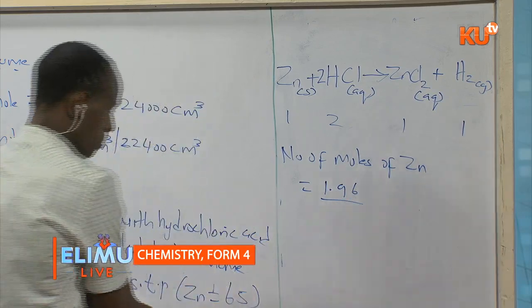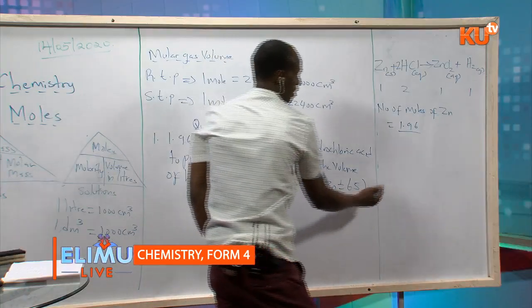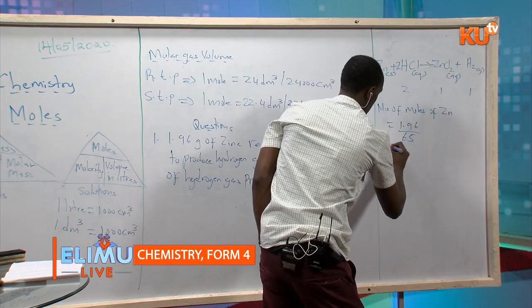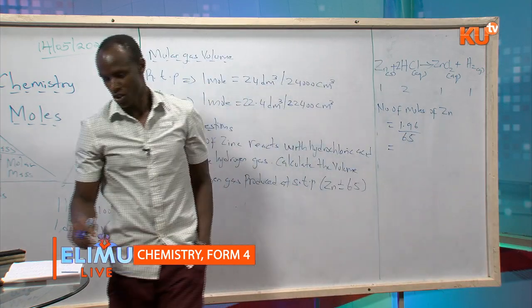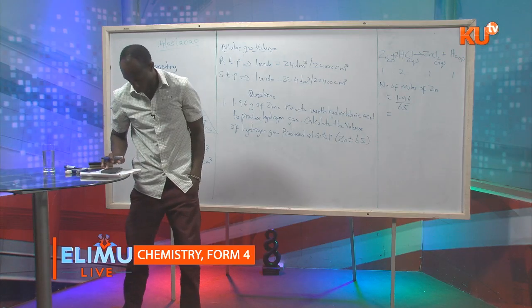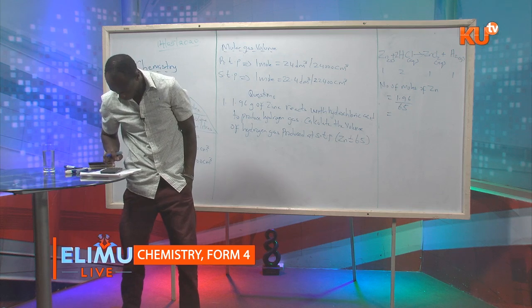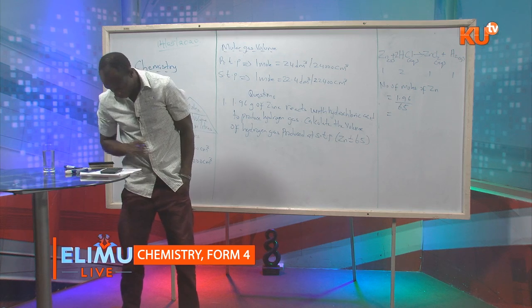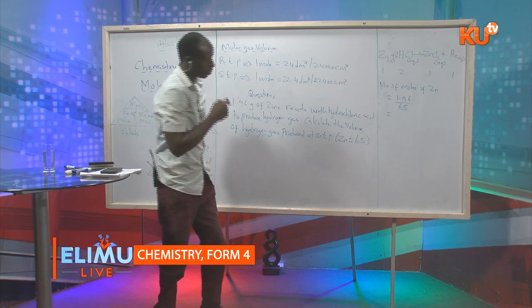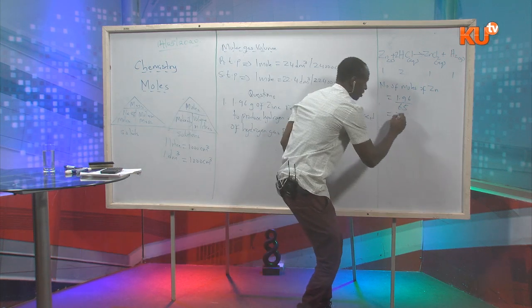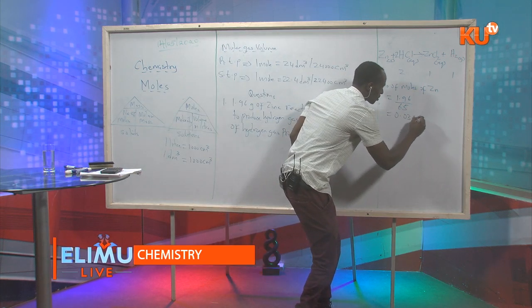What's the molar mass? You don't have to worry, it's always given: 65. Then you divide. You can also do it at home. 1.96 divided by 65 gives you 0.03 in 2 decimal places. 0.03 moles.